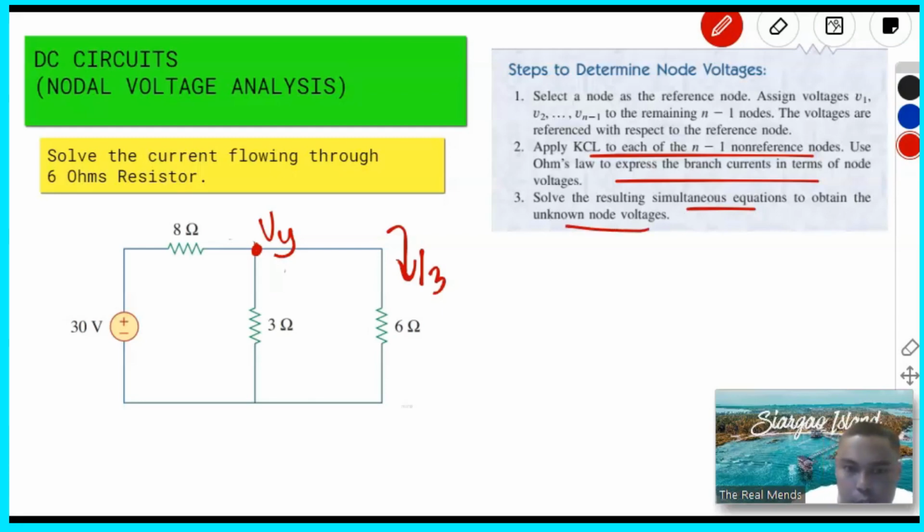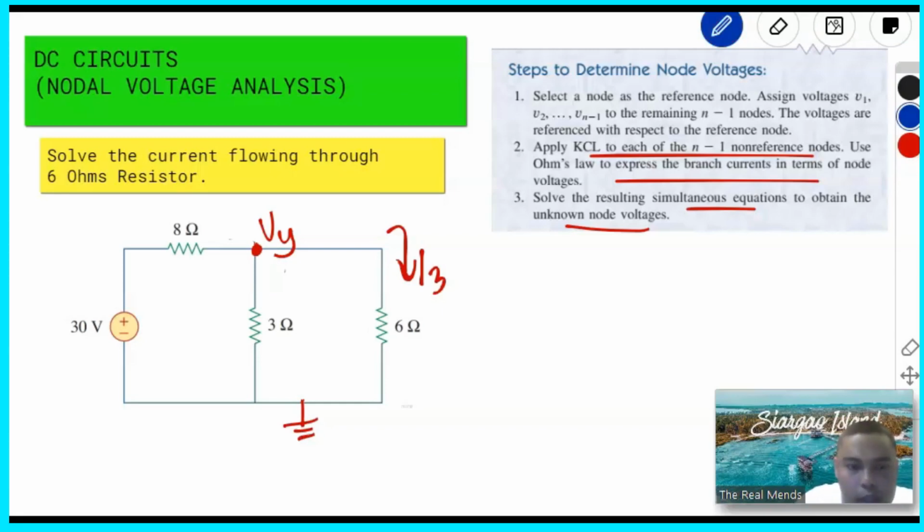Okay, so we have this junction. We can call that VB, and if we're using nodal, let's connect this circuit to ground. So from that, if you're using nodal, assume that all currents are leaving.